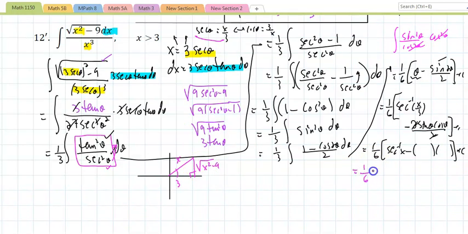So this is 1 over 6, the secant inverse of x over 3, minus the sine, which is the opposite over the hypotenuse, and the cosine, which is the adjacent over the hypotenuse. And that would be my final answer.